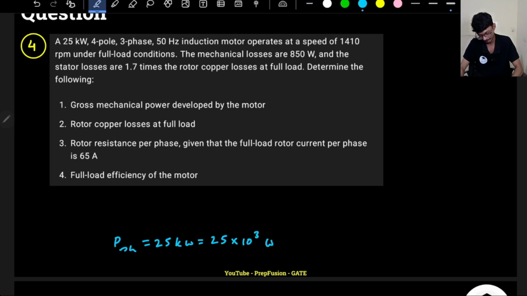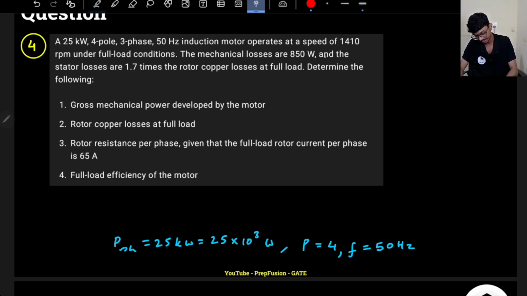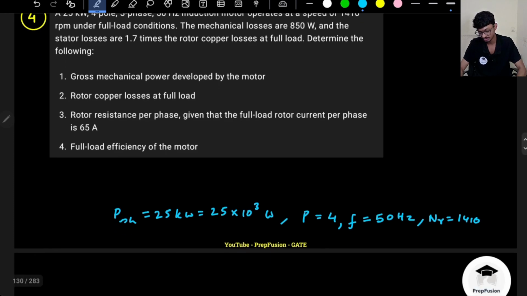It is a 3 phase 50 hertz 4 pole, so P is 4, induction motor that operates at a speed of 1410 rpm. So NR is 1410 rpm if it is operating in rated condition.